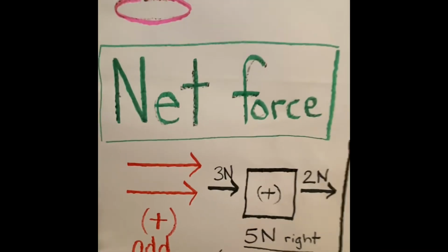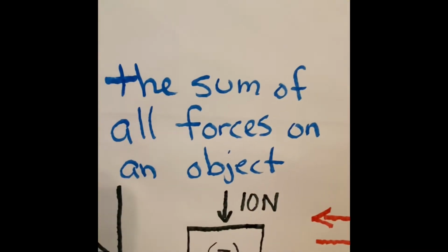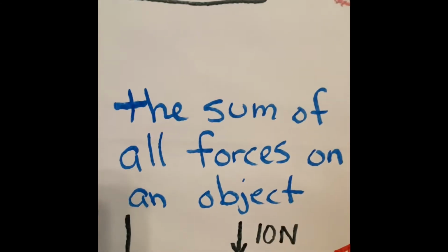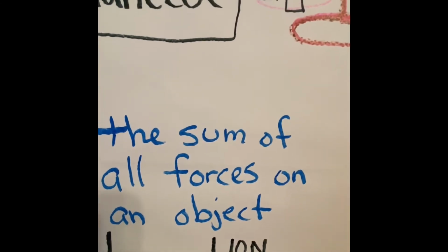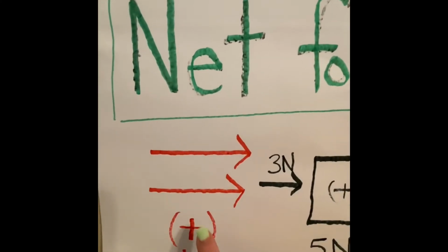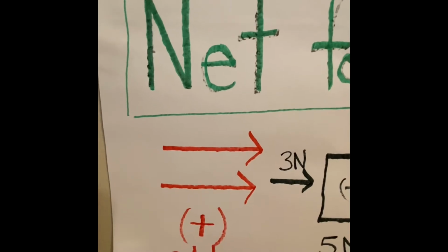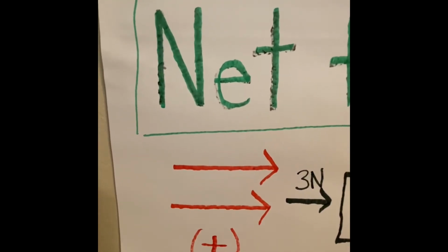Let's talk about net force. Net force is the sum of all the forces on an object. But I'm going to give you a life hack or a cheat sheet. If my arrows, which remember indicate a force, are going in the same direction, you must add those forces together.